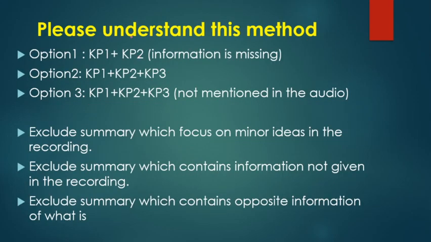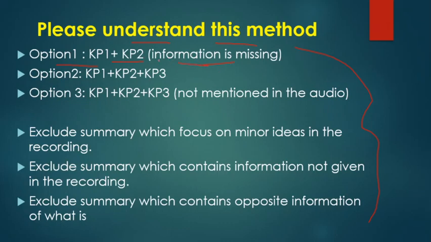Please understand this method. If you understand this method, I assure you that you can never be wrong in the exam. First of all, there will be options, and there will be information, but there will be information missing.